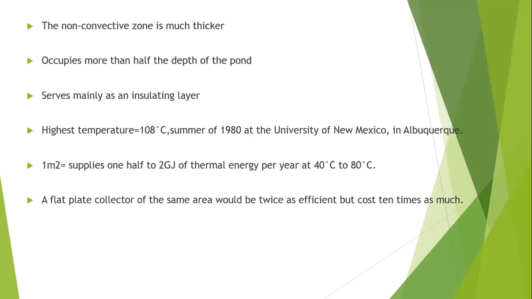Though we do this, some heat is lost by conduction to the surface, but this process is much weaker than the convection process. So the lower waters may even warm up to and above the boiling point of pure water. The highest temperature attained up to now is 108 degrees Celsius, attained in the summer season of the year 1980 at the University of New Mexico in Albuquerque.